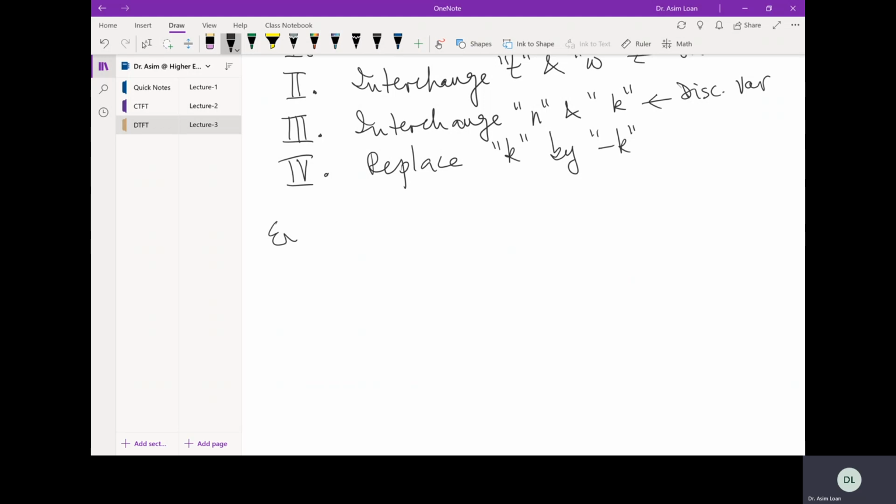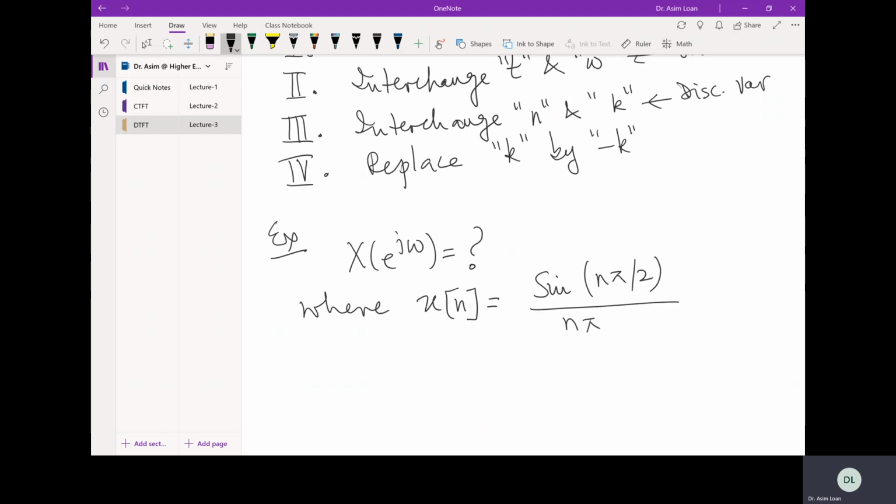Let's look at an example. We want to find the Fourier transform x of e^j omega, where x of n is sine of n pi by 2 over n pi. We know this is an ideal low pass filter with omega c equals pi by 2.